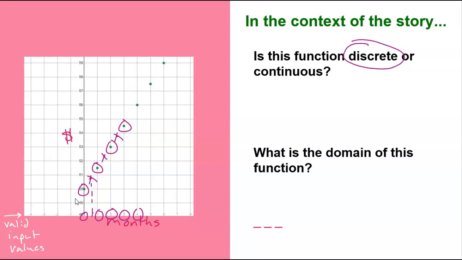We have to ask, does it make sense to go backwards? Are we getting negative interest payments? Are they going back in time and charging us? No, not at all. We started this bank account at time 0, so these don't make sense. The only valid numbers here for our input are 0, 1, 2, 3, 4, and so on, which we can write just like that.